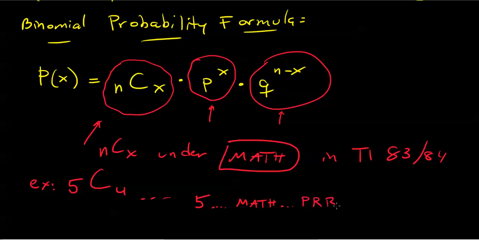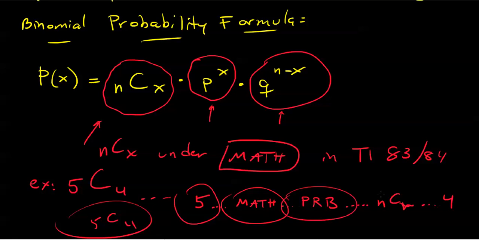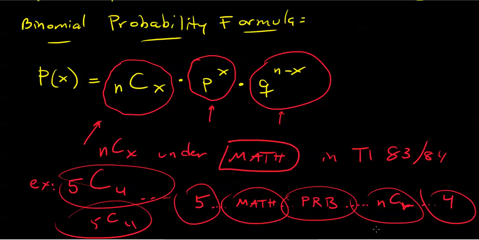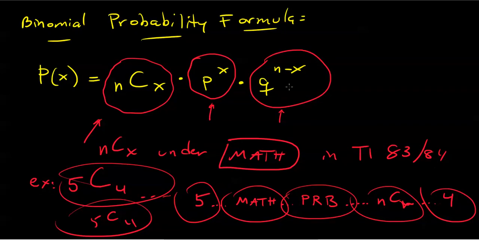We'll want to scroll and select PRB for probability, hit enter, and under the probability submenu you'll see this command nCr. So highlight it and select it, and then if we enter in a 4, you'll see the 5 choose 4 command come up on your home screen. So a few button pushes: 5, then math, then PRB, then nCr, then 4, gets you this value, 5 combine 4, or 5 choose 4.